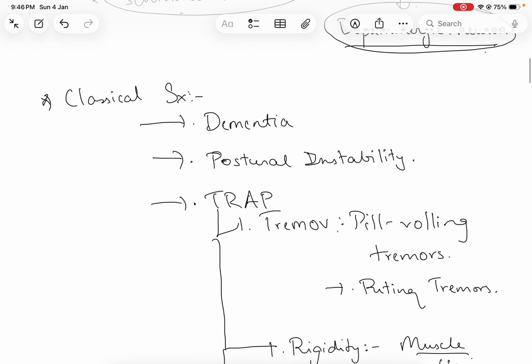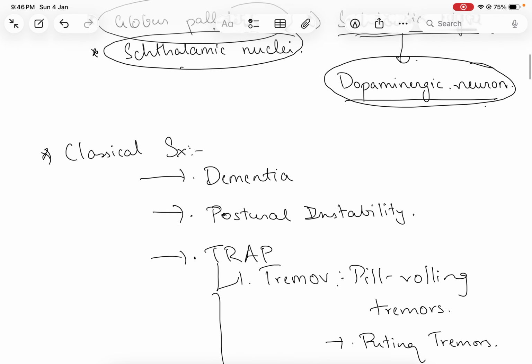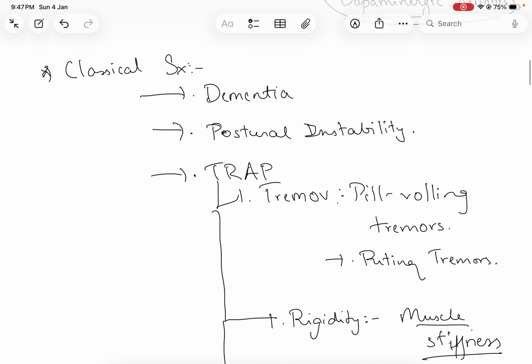Now talking about the classical symptoms. What are the symptoms we usually see in patients with Parkinson's? The first is dementia, where the patient suffers from progressive loss of memory, recognition, cognitivity, and intellectual ability. The second is postural instability. What does postural instability mean?